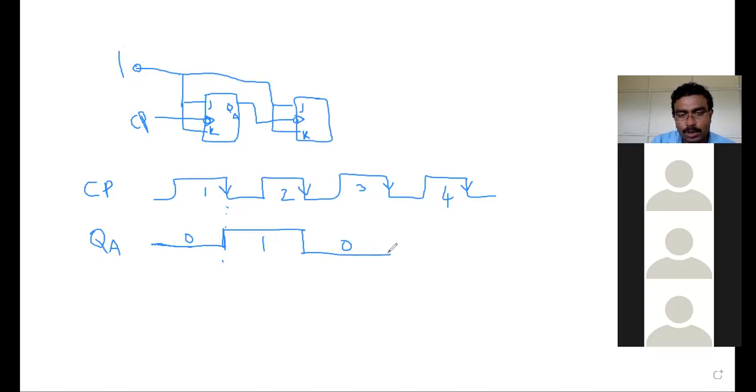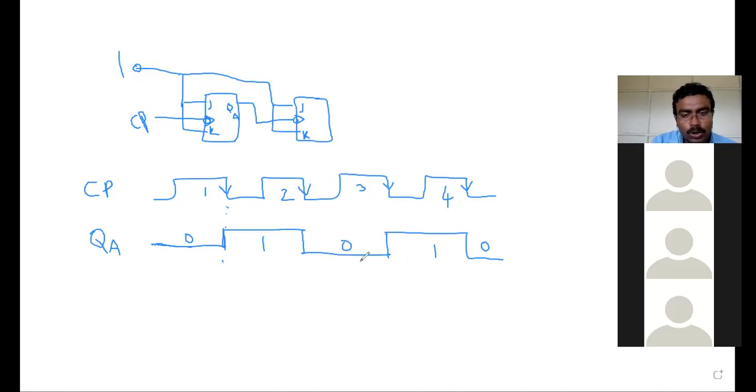So if my present state is 0, I will again move to the next state of 1. That 1 will continue till I reach the next negative edge. At my next negative edge, it will come back to 0. This is the output I'm getting at QA. When I'm giving a negative edge clock pulse with input high, it will be in toggle state. This is the waveform or output I will be getting at QA.